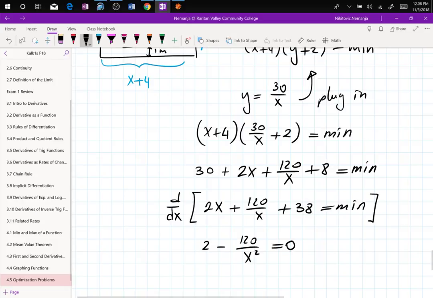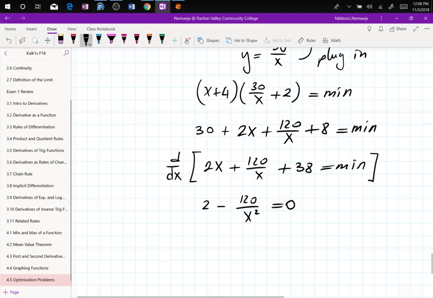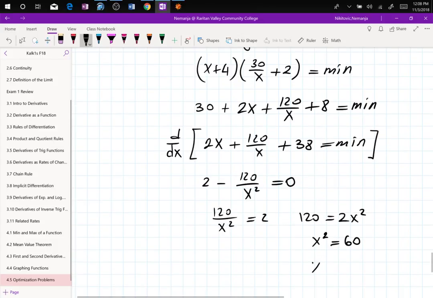And now, solve this. 120 over x squared is equal to 2. 120 is equal to 2x squared. X squared is equal to 60. And x is equal to square root of 60.